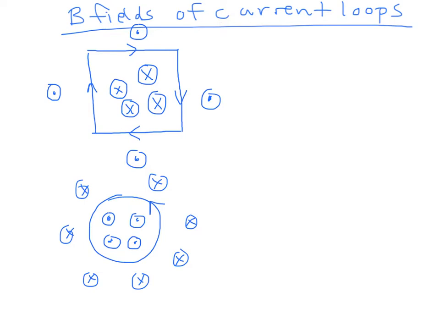Now if we were to look at this loop on the side, so imagine viewing this from this side direction here. We're looking this way. This is supposed to represent an eyeball in profile. So we would see this right here. The magnetic field lines then would appear like this.